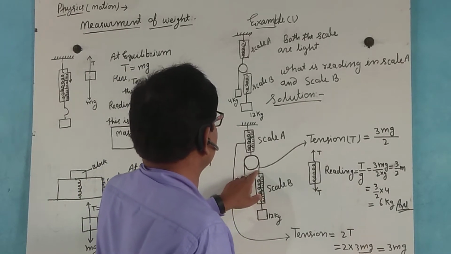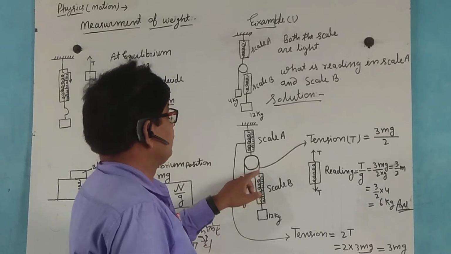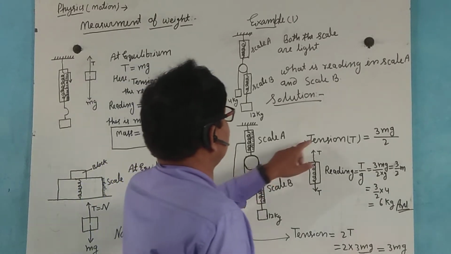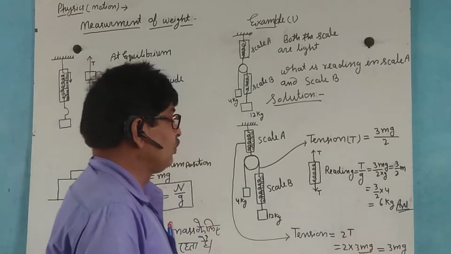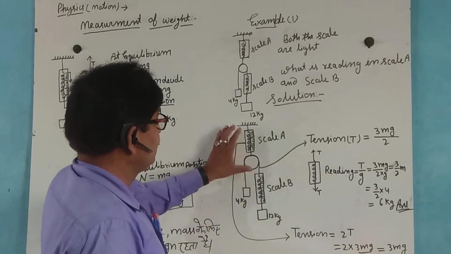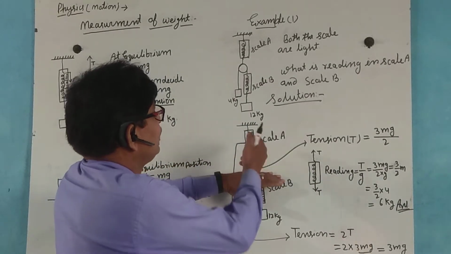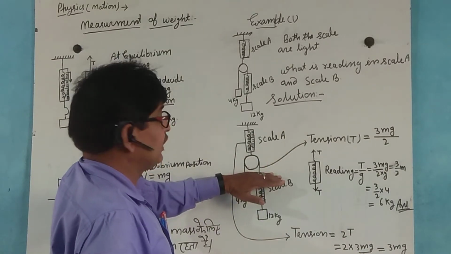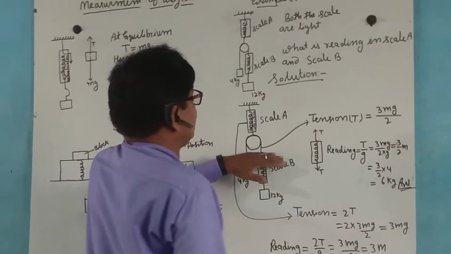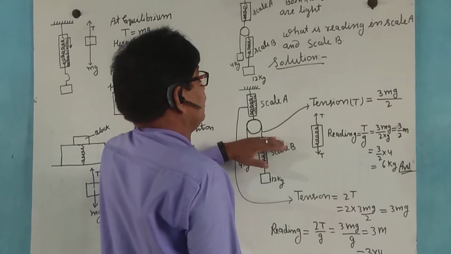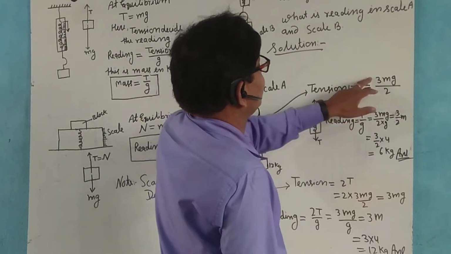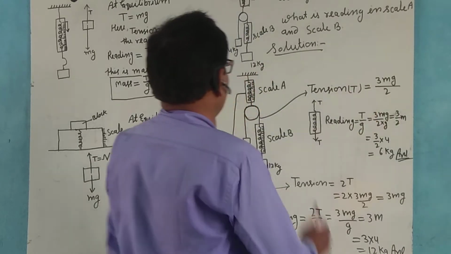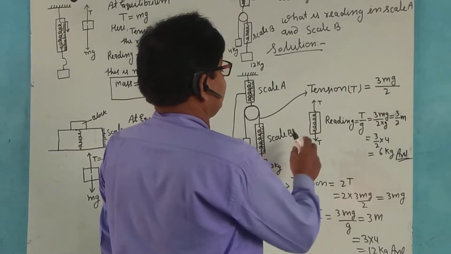In this case, tension T equals 3mg by 2. In the previous video, we calculated such situations. In that case, the tension created in the string is 3mg by 2.